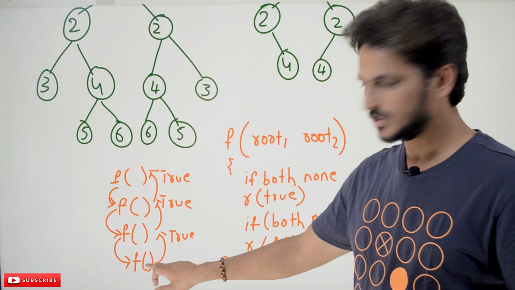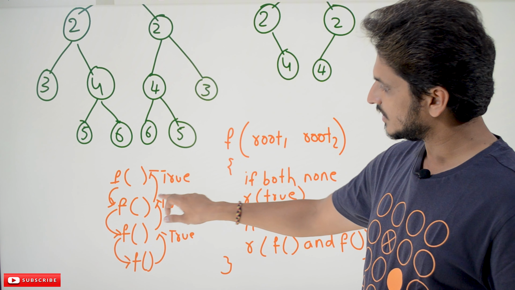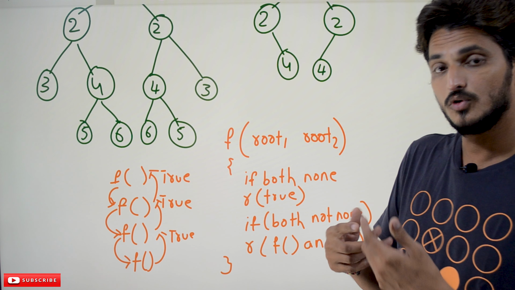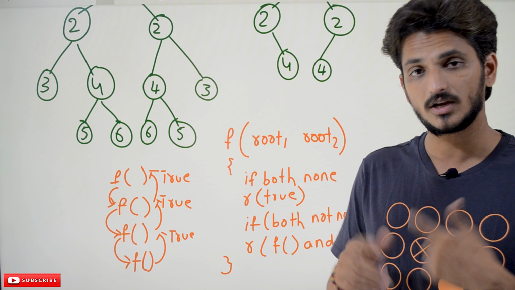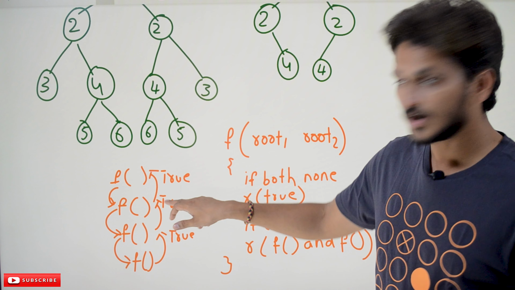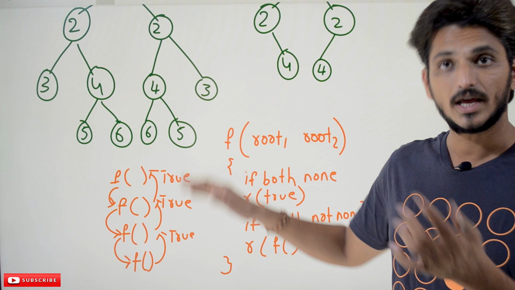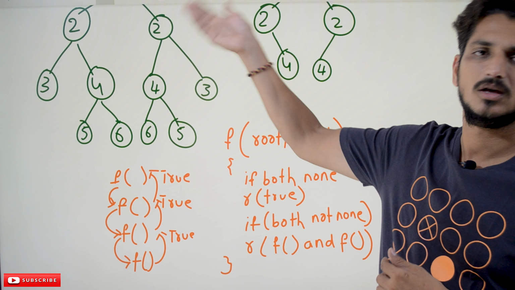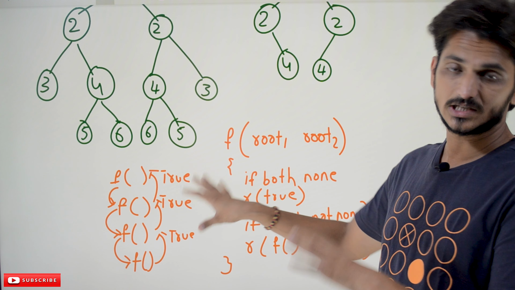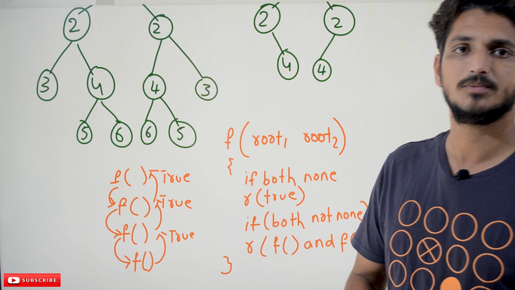The last function is returning true, it is returning true, it is returning true. This is what happens if you use return values in the functions. If any one of the functions returns false, the entire output is going to be false. So we are going to use this concept here. That's why we want to refresh this concept.